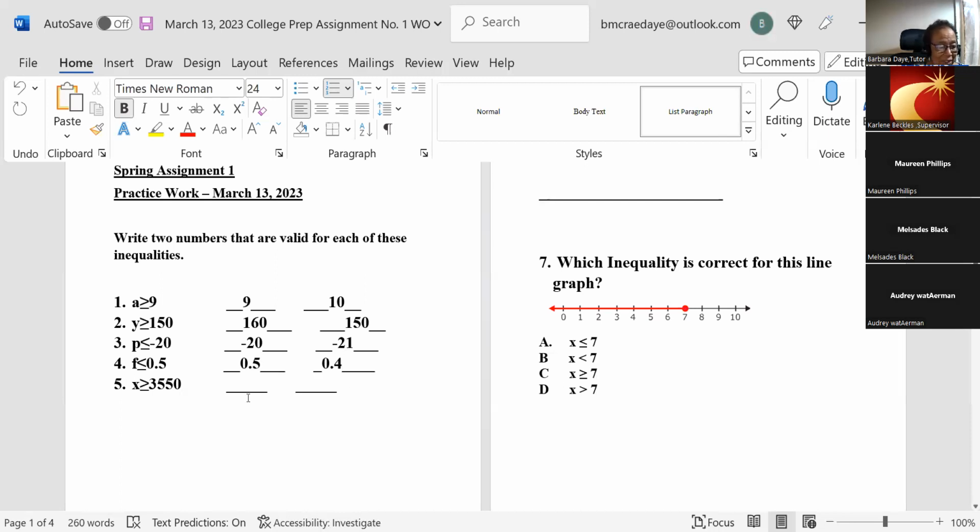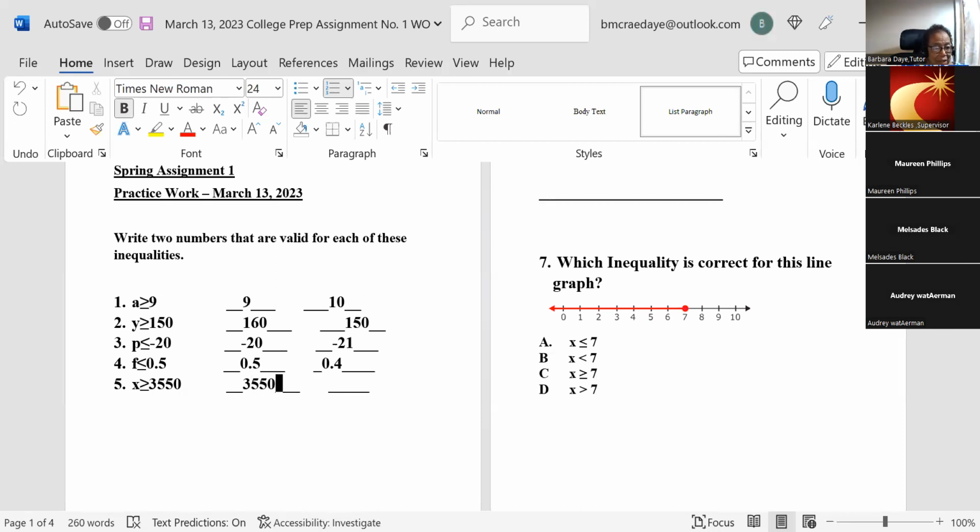Now, greater than or equal to 3,550. Give me two numbers. First, 3,550. That's the equal.